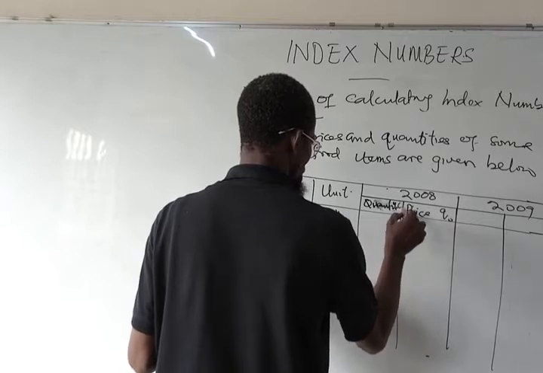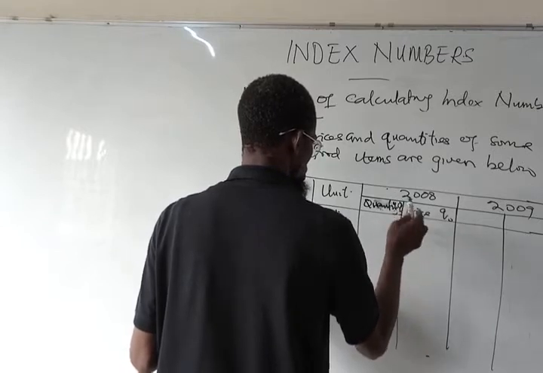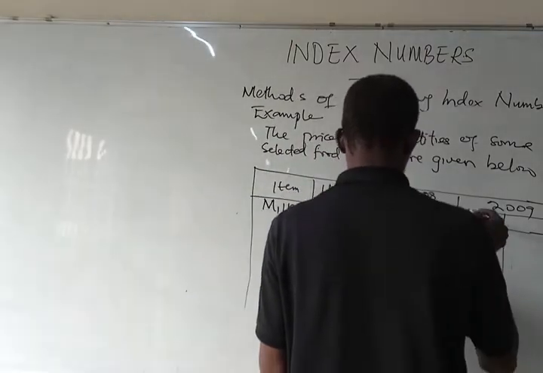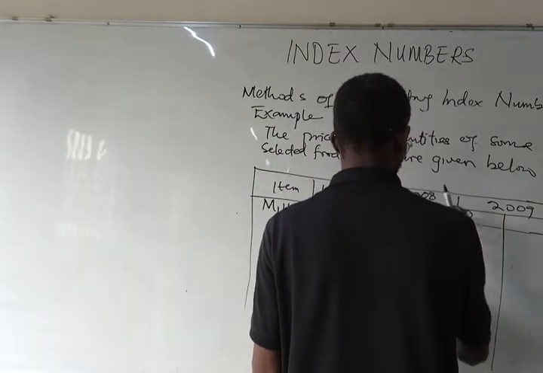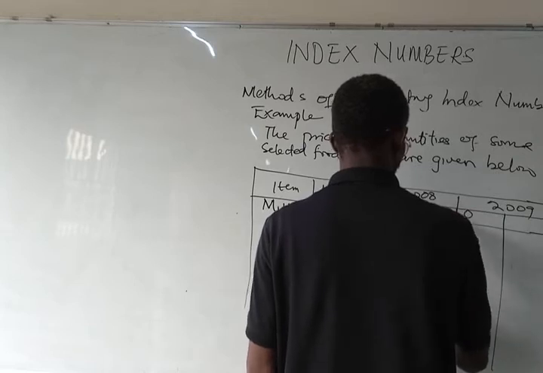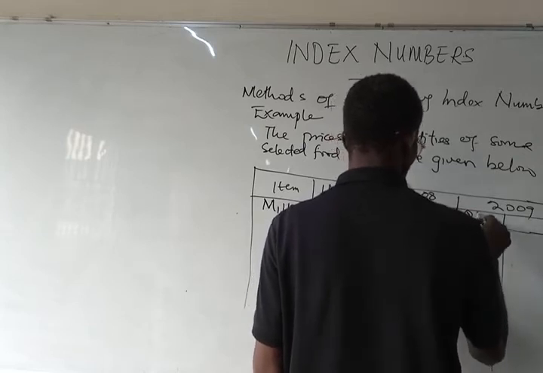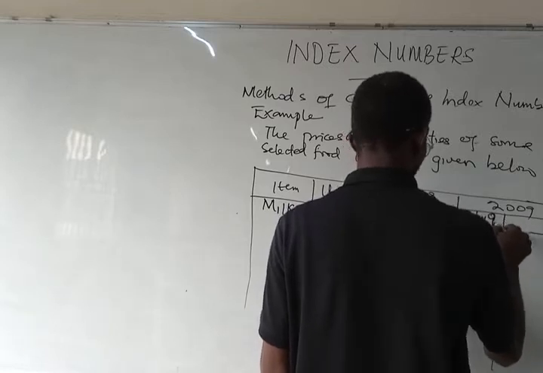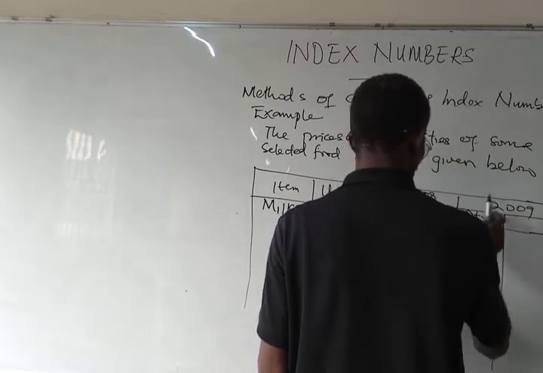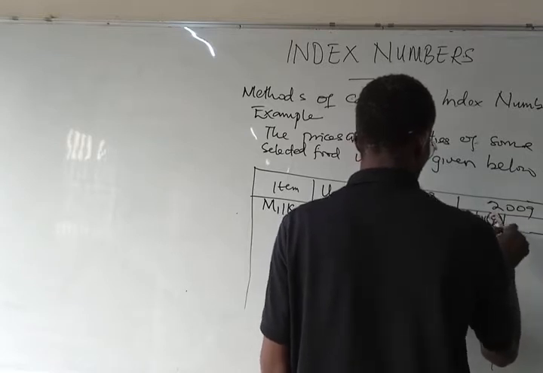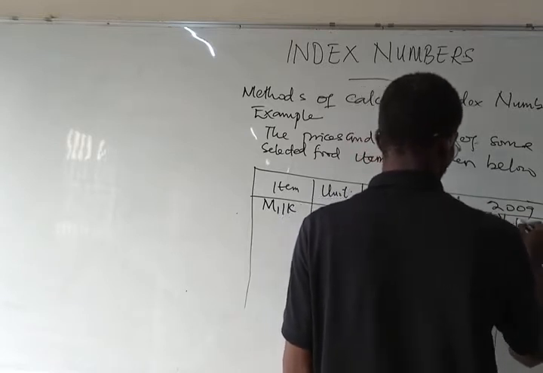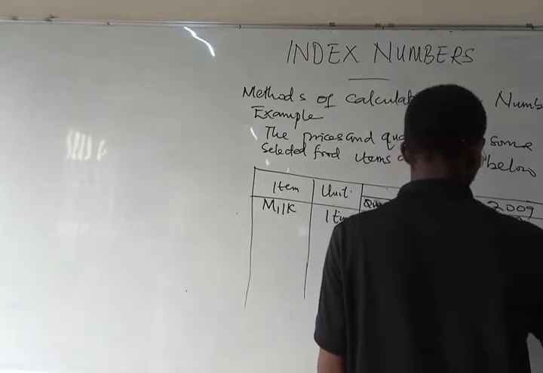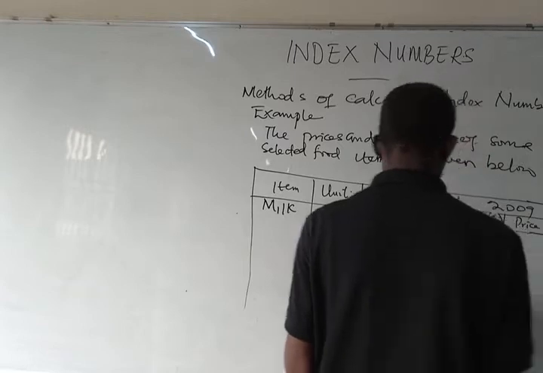Then we have our quantity again, Qn, and we have the price for our base year and our current year.